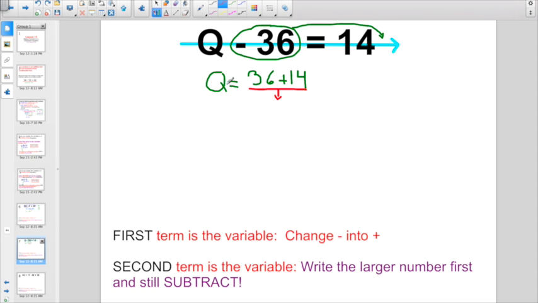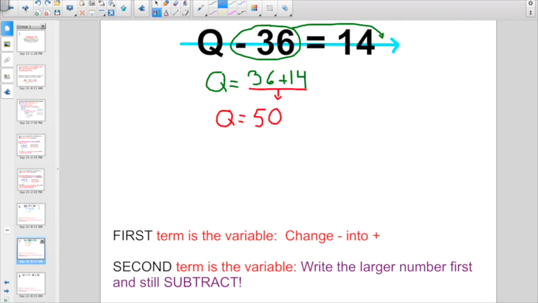We read our equations left to right, so let's write down everything that is not underlined. I did not underline Q. I did not underline the equal sign, but I did underline 36 plus 14. So I don't want to write that down over again. Let's combine those terms and I end up with Q equals 50.